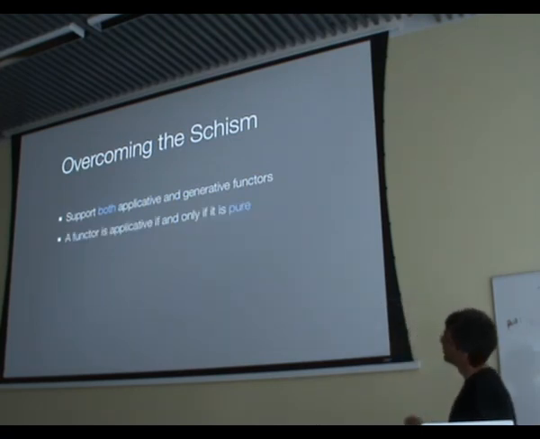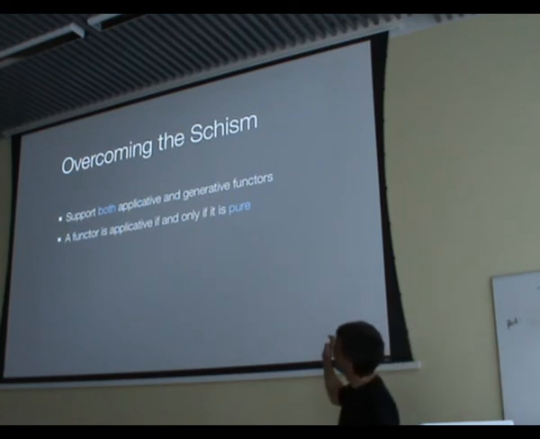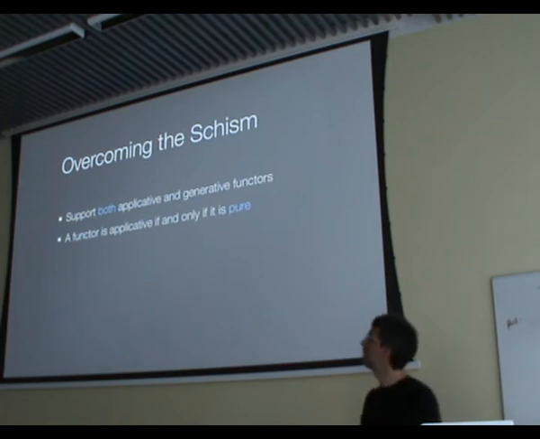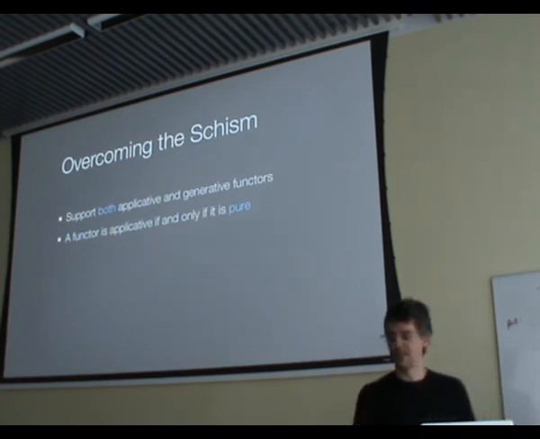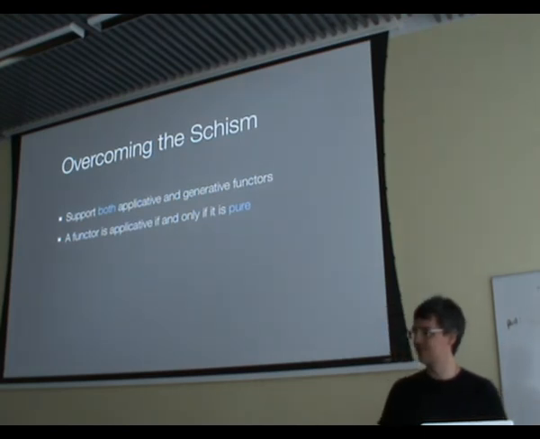Moreover, what you really want is that only functors are deemed applicative that are pure. And what I actually want to suggest here is that we do away with this weird terminology of applicative and generative. What we're really talking about are just pure versus impure functors. And then you also won't confuse the Haskell people anymore when you talk about applicative functors.